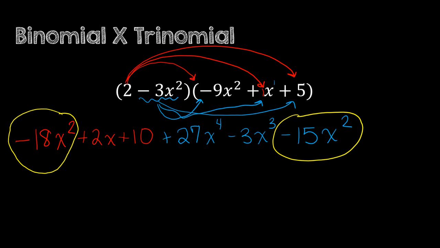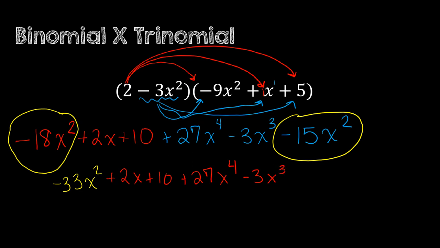And when you combine that, you get negative 33x squared. And then everything else is just going to come on down. So I have plus 2x plus 10 plus 27x to the 4th minus 3x to the 3rd.